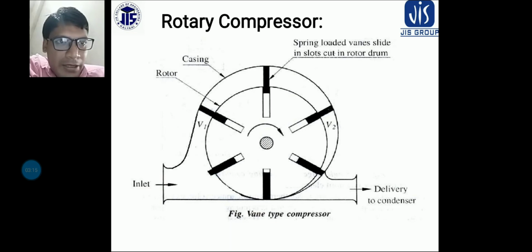By the eccentric movement of the rotor, and from the spring load, a space is given to the inlet vapor refrigerant, and at the outlet we get compressed vapor refrigerant at high temperature.